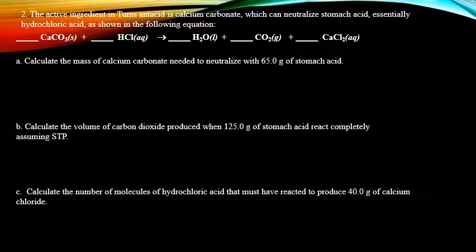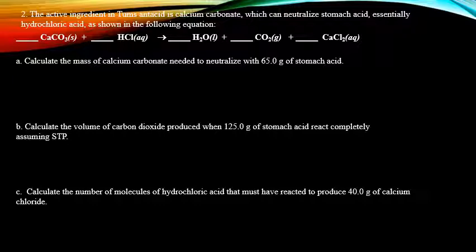So the next problem we're going to look at is dealing with the active ingredient in Tums antacid, which is calcium carbonate, which can neutralize stomach acid, which is essentially hydrochloric acid, as shown in the following equation. So we have CaCO3 plus HCl yields H2O plus CO2 plus CaCl2.